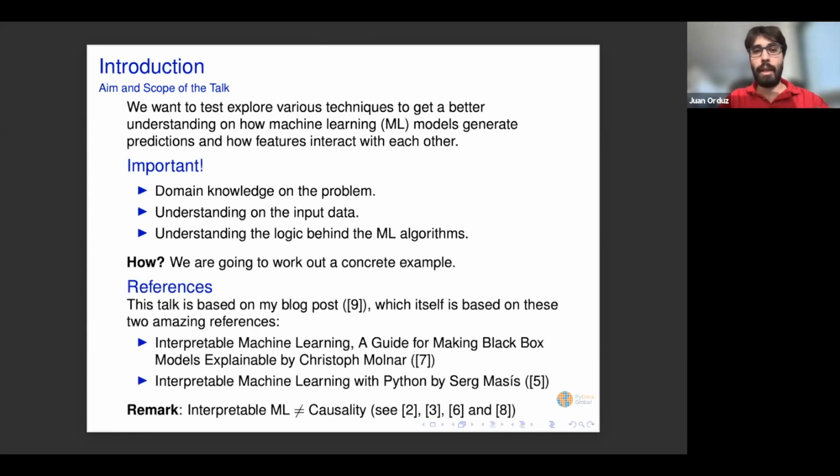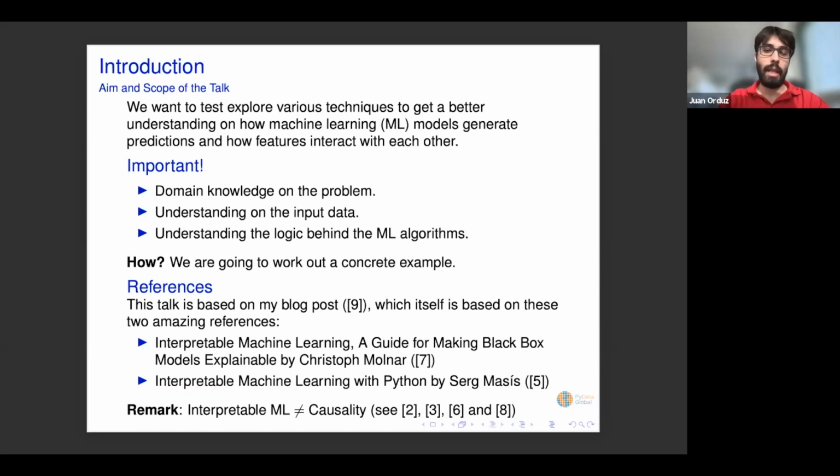Again, what we're going to do today is to go to a very specific use case on which we can see some of these tools, model-dependent and model-agnostic methods, in action. This talk is based on a blog post that I wrote, so you can follow all of the code and all of the comments already online. This was motivated by the work of Christoph Molnar on his very nice book on interpretable machine learning.